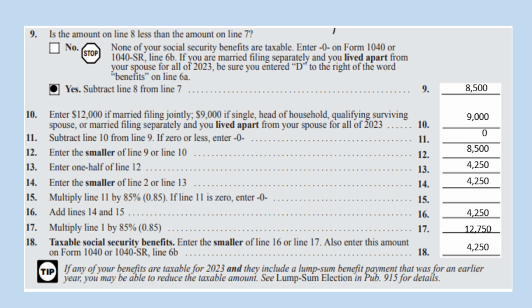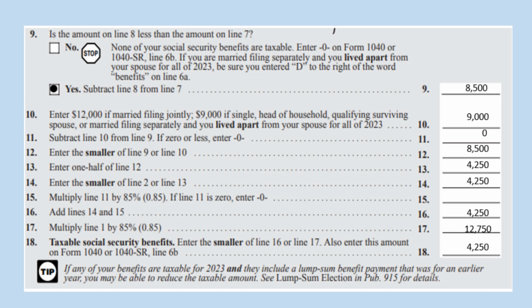On line 12, we will enter the smaller of line 9 or 10, which is $8,500. We'll enter 1/2 of this on line 13, which will be $4,250. And line 14, we'll enter the smaller of line 2 or line 13, which is $4,250. Line 15 will be left blank as we don't have an amount on line 11.